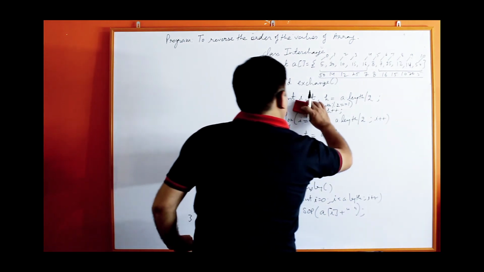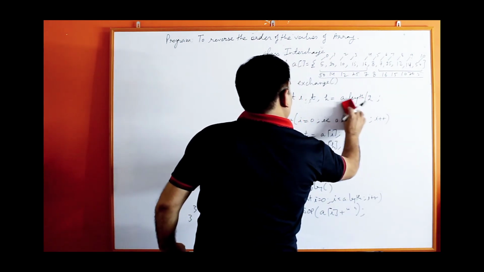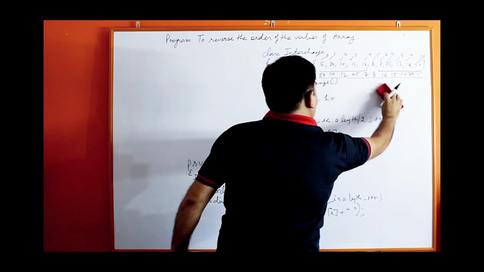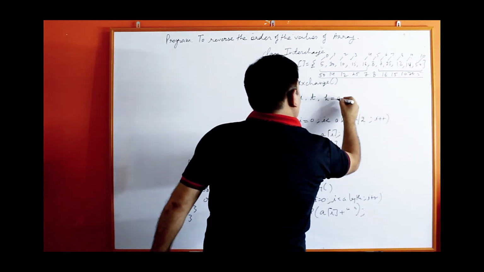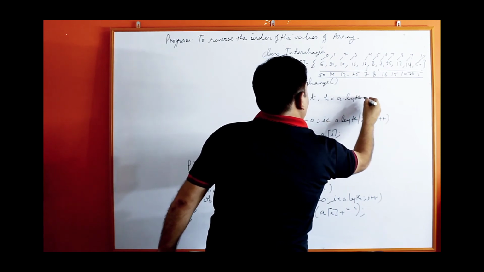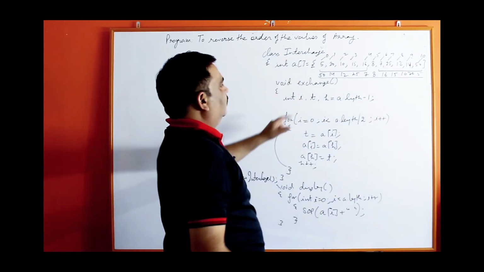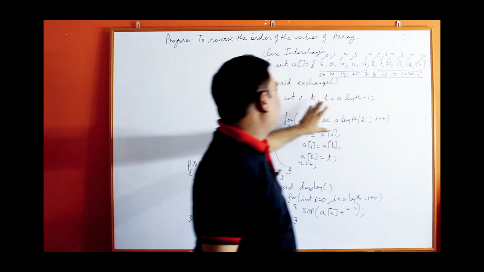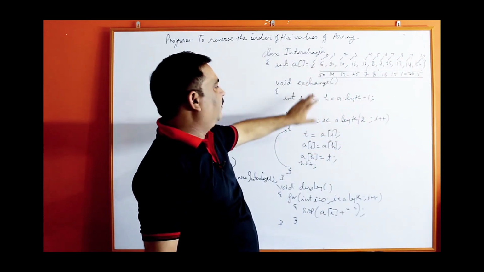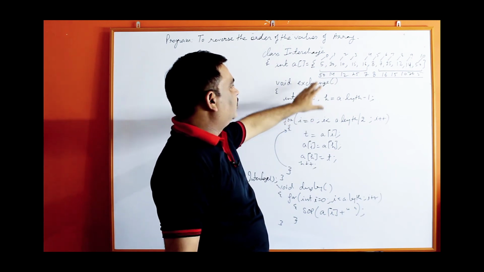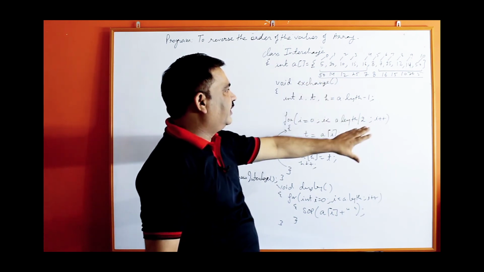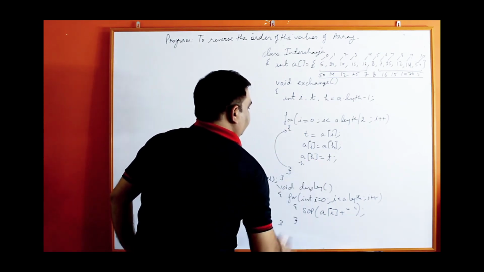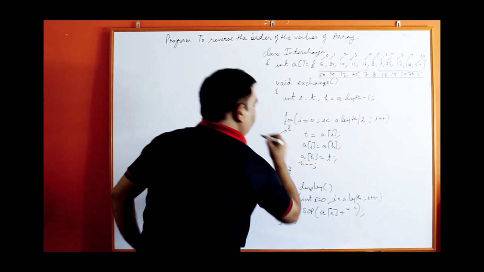For this, what you have to do, I am going to make slight changes in this program. Here h equal to a dot length minus 1. So initially h will be at index 10, the value of h will be 10 according to this example. So you have to exchange a[0] with a[10]. So it will exchange, and then reduce the value of h by 1.